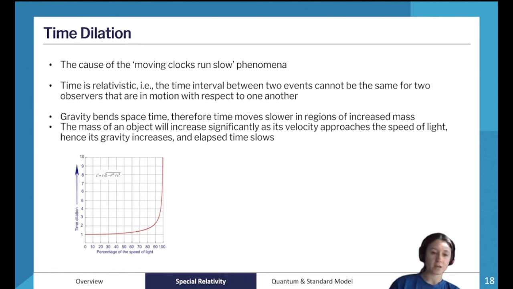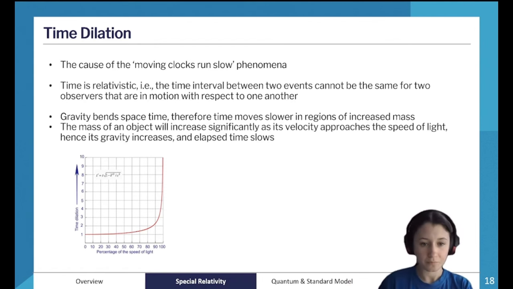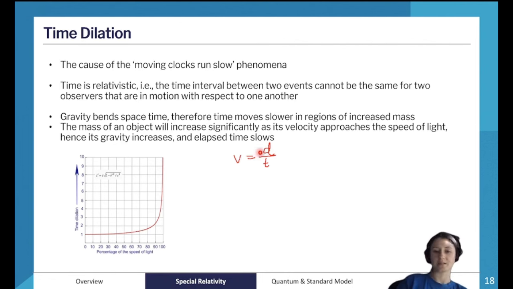So have a think about it in terms of our equation for velocity equals distance on time. If we're just thinking about a beam of light now, if the velocity of the beam of light always has to be the same, then the distance and the time are the things that have to change.